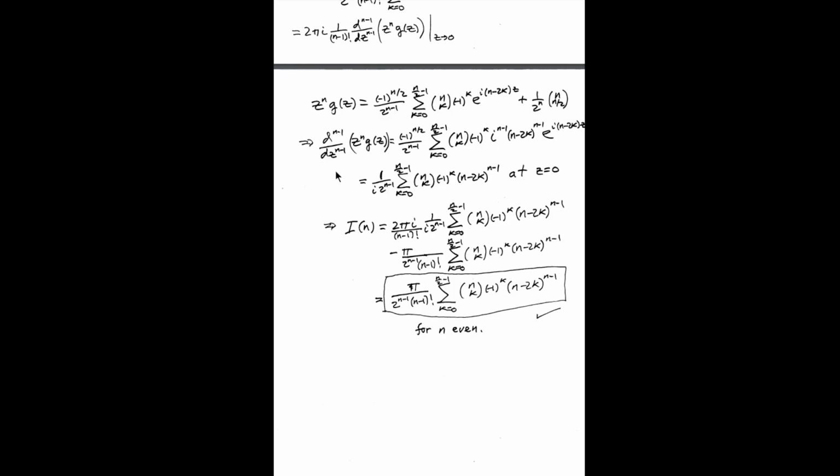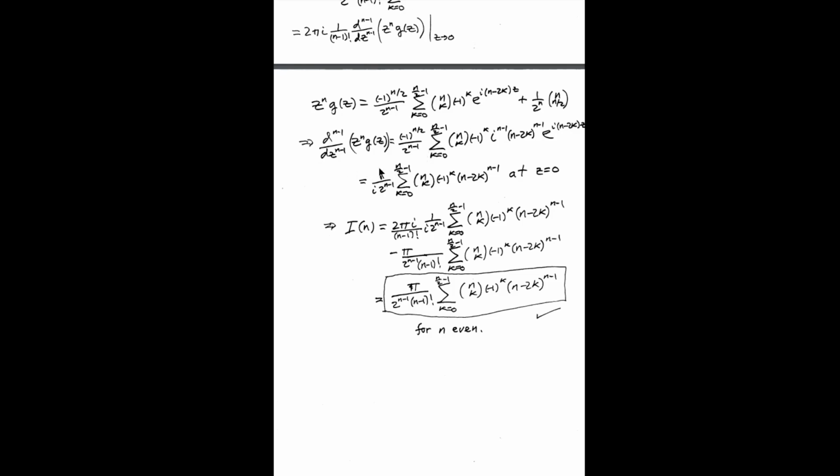Taking the n minus first derivative of that brings us to minus 1 to the n over 2 to the n minus 1 times the sum as k goes from 0 to n over 2 minus 1 of n choose k minus 1 to the k i to the n minus 1, n minus 2k to the n minus 1 times e to the i n minus 2k z. Just differentiating this exponential n minus 1 times.